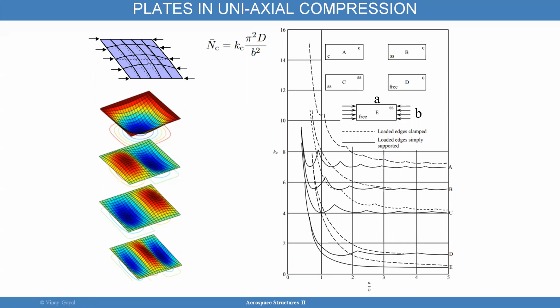So 12 times 1 minus nu squared goes in the denominator, and in the numerator, E H cubed. These are fully known, because you know the modulus and you know the thickness. Pi is 3.14, and then Kc is just found from these curves, depending upon the boundary conditions of the problem. You can figure it out.